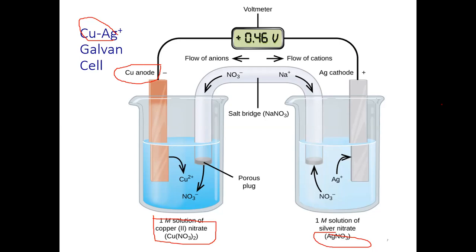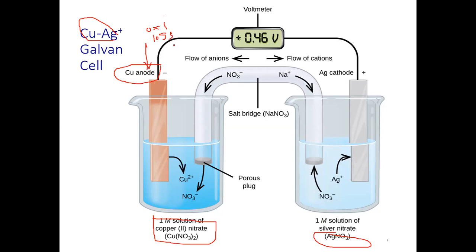We have set it up as a copper anode and a silver cathode. The anode is where oxidation happens, and oxidation means loss of electrons. So electrons are going to come out of copper.